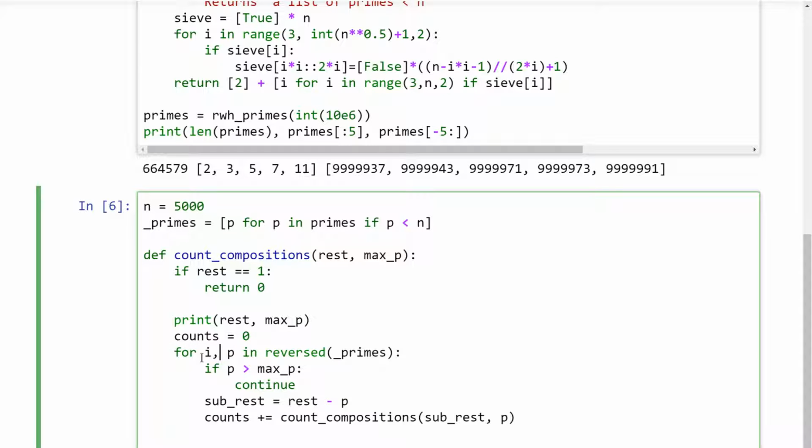Okay, sure. Maybe you can put the reversed primes in a list, in a separate list, because we're going to use it again. Well, this isn't a list.